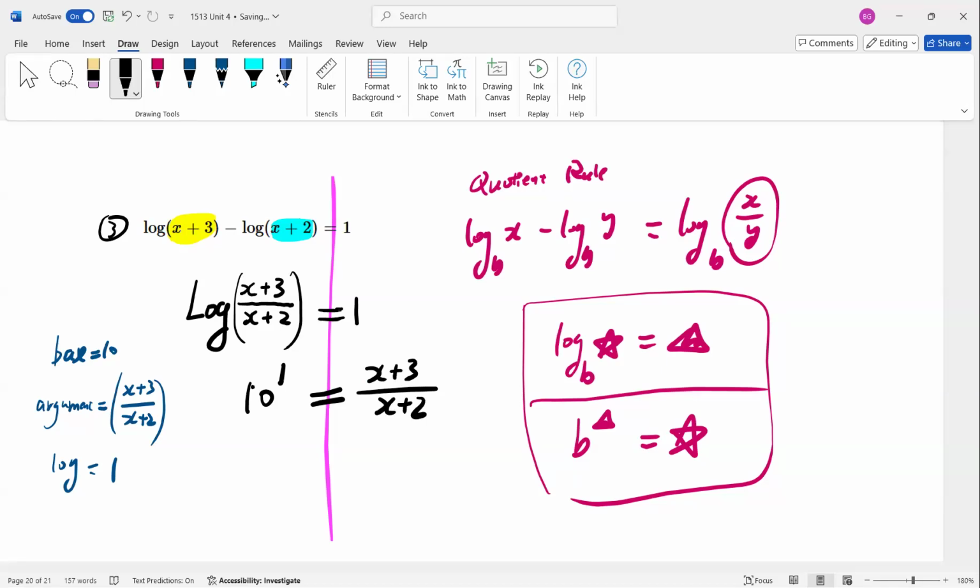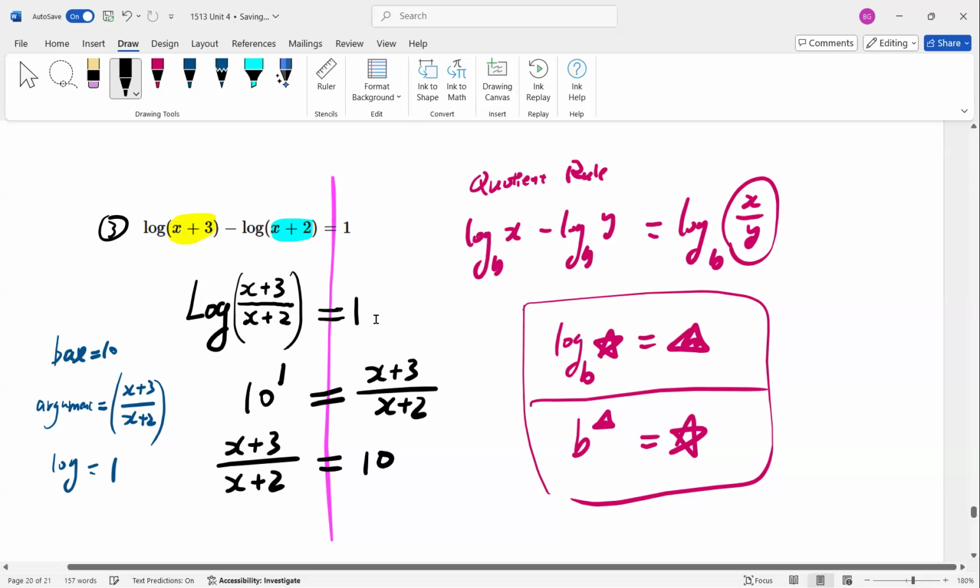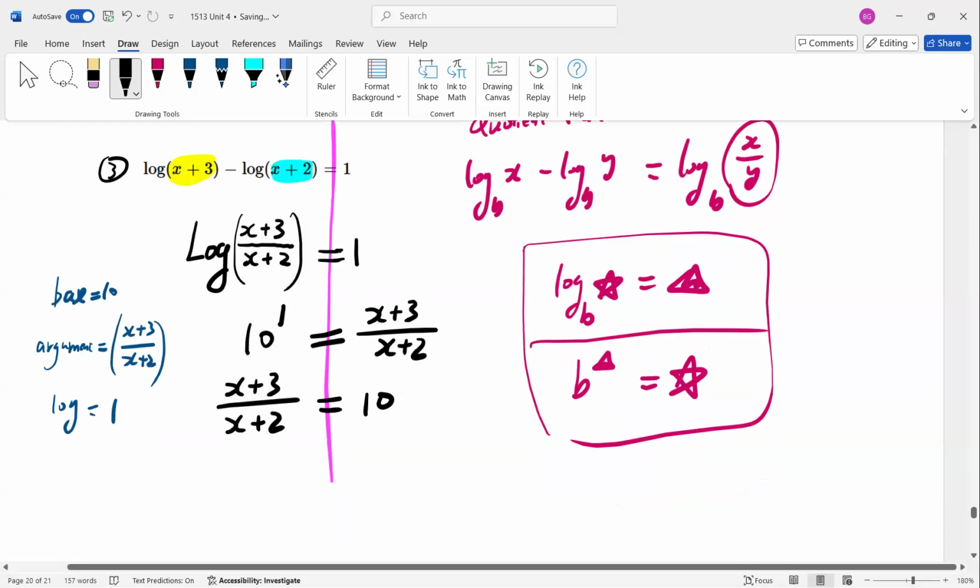It's just 10. I want to switch the order because I like to isolate x on the left side eventually. This step didn't have much, I just switched the left side and the right side, and then wrote 10 to the power, first power as 10. What type of equation is this?